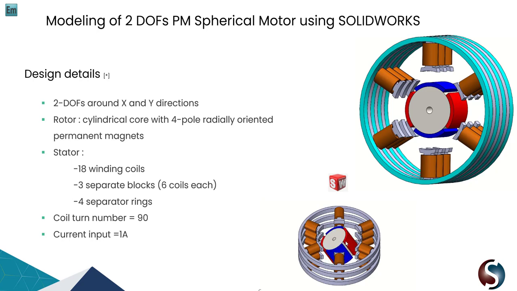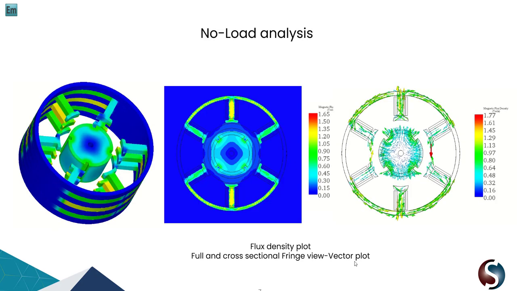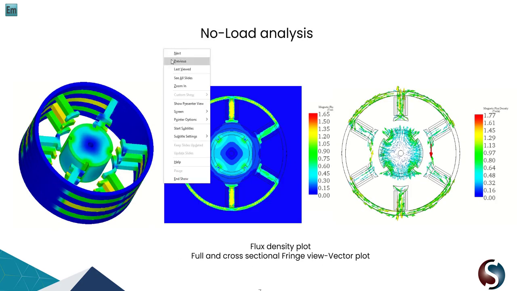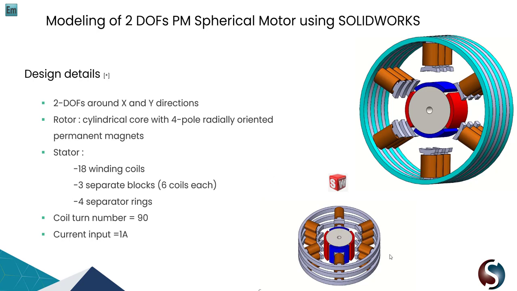The stator is really complicated, with 18 windings broken down into 3 separate blocks. Each block, as you can see here, has 6 coils, and you're going to see it later on in the actual real model.